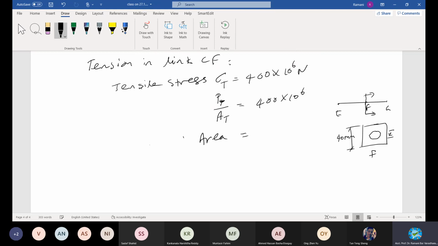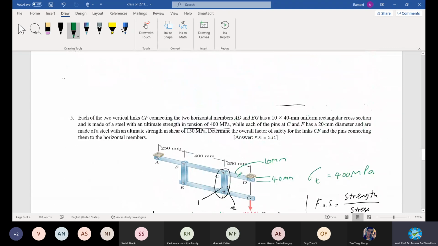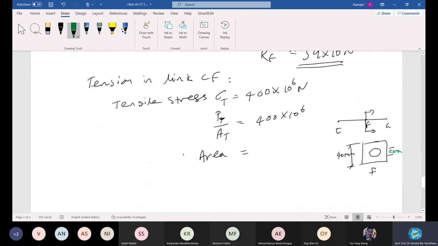Are you there or slept? Only one voice I can hear always. Please answer my question. What is the diameter of the pin? See here, it is already given. The diameter of the pin is 20 mm. Careful, in mm, don't forget the zeros.